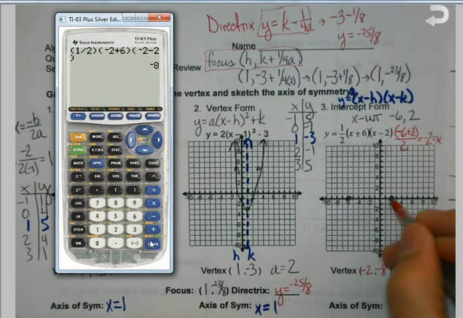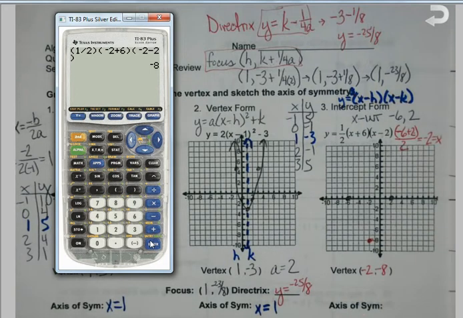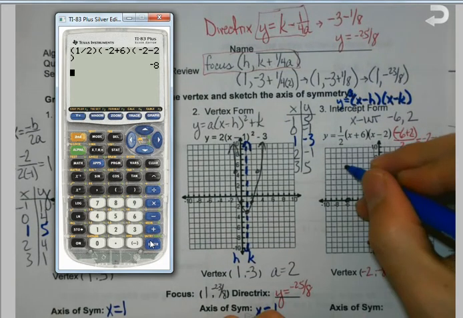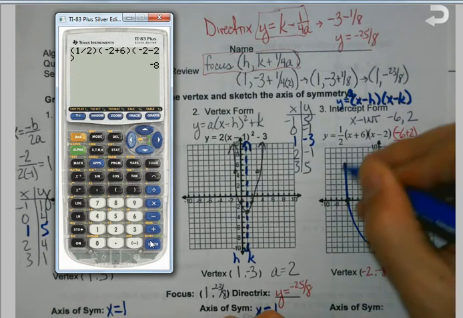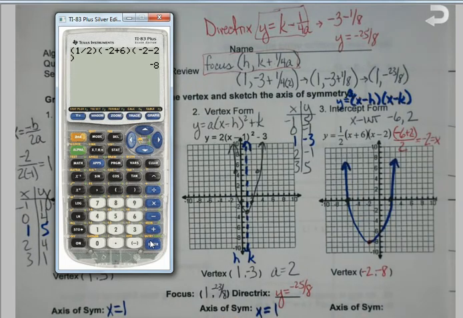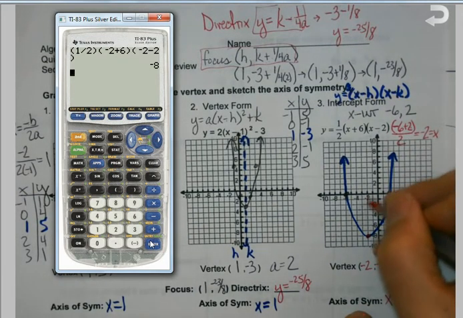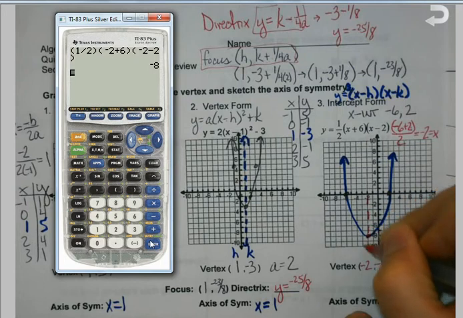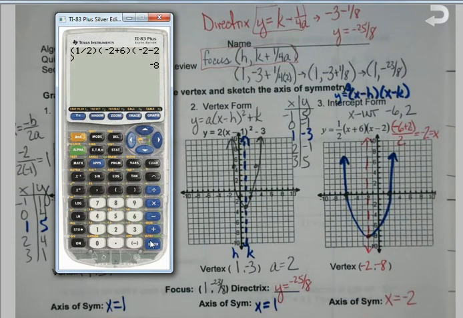So my vertex is at (-2, -8). Put my third dot in there. Let's play connect the dots. Getting better at my parabolas as the unit goes on. And again, don't forget your axis of symmetry, which still, even in this form, is just the x value of your vertex. Get that drawn in.